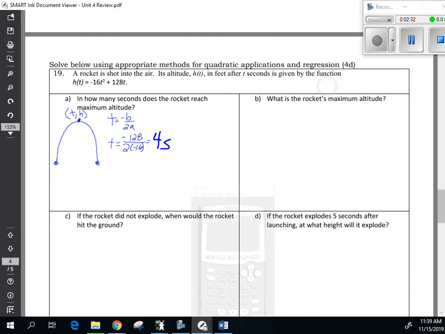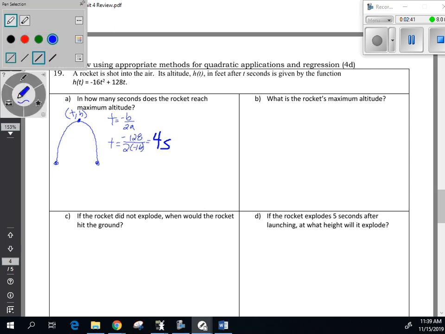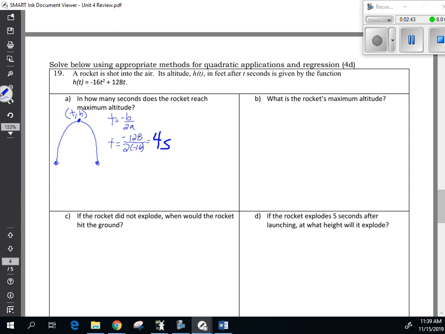All right, so what's the rocket's maximum altitude? Again, like I said, you have a couple of options. You can plug your x value into the equation to find your y value. So you can plug in your 4 seconds into t. Your original is h of t equals negative 16 t squared plus 128 t.